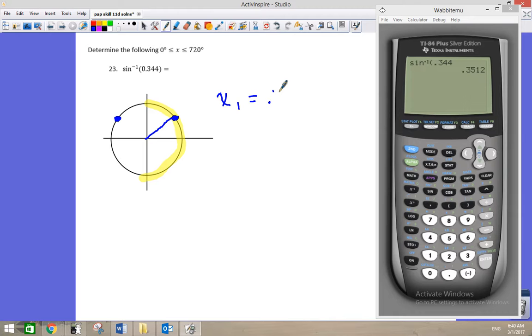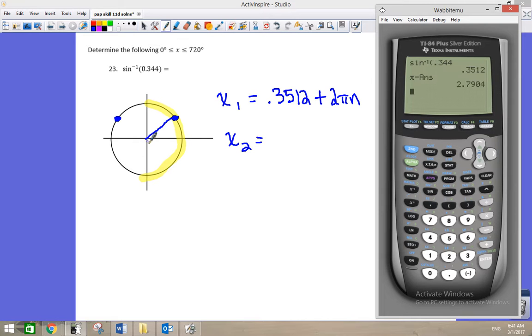And any angle that's coterminal to that is also a solution. Now, that's also its own reference angle. So if I take pi minus this reference angle, then I'll have this angle that's over here in quadrant 2.